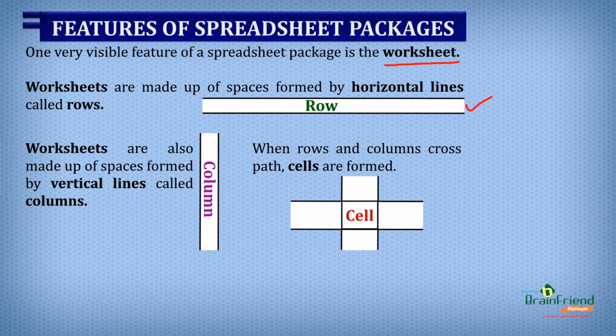Worksheets are also made up of spaces formed by vertical lines called columns. So, when rows and columns cross paths, cells are formed, as can be seen here. Now, let's go back to the Microsoft Excel environment as we see the different features of the spreadsheet.